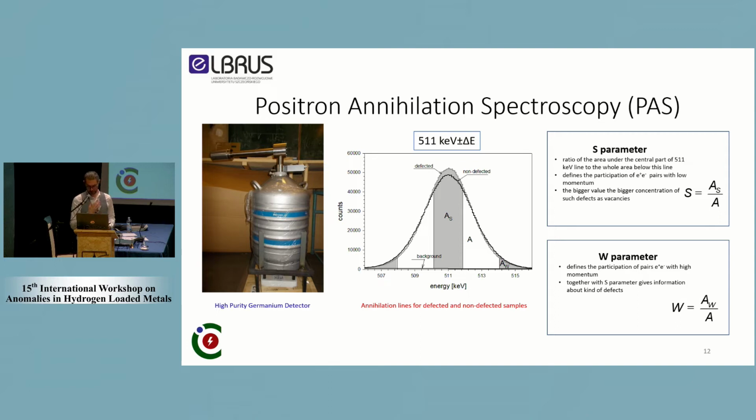The effect of the S parameter is proportional to the defect concentration inside the material. And the W parameter produces information about the defect, the type of defect, but it has less significance than the S parameter, as was saying Orodek, one of the participants in this research group.